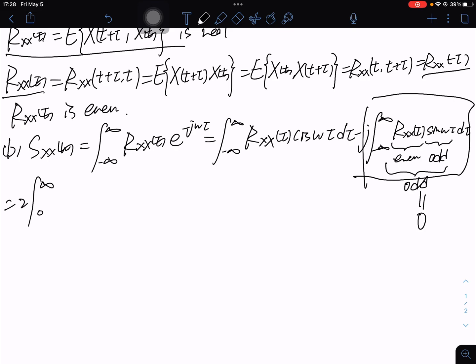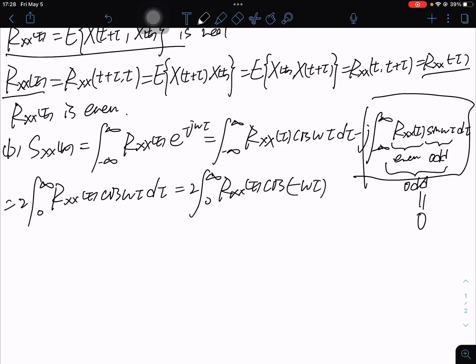Since it is cosine, the integral from negative infinity to 0 equals the integral from 0 to positive infinity. So it equals 2 times the integration from 0 to positive infinity of R_xx(tau) cosine omega tau d tau, which equals the integration of R_xx cosine of minus omega tau d tau.